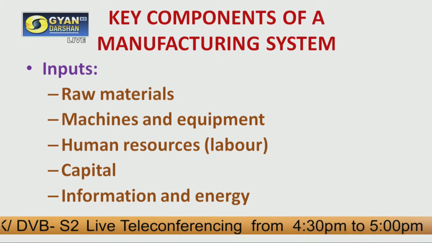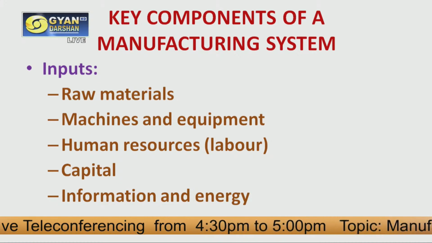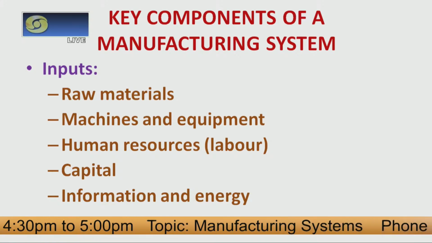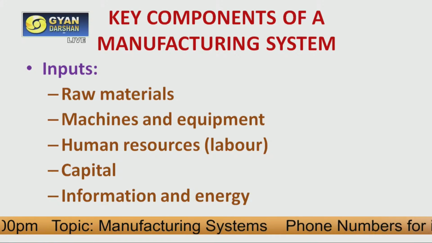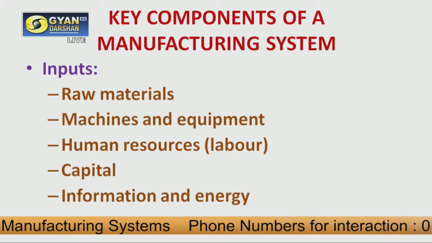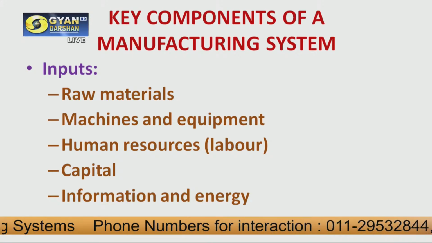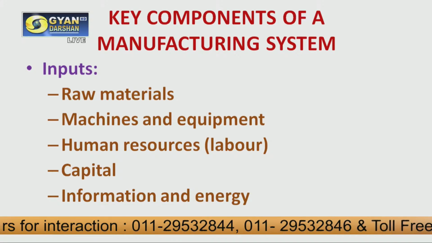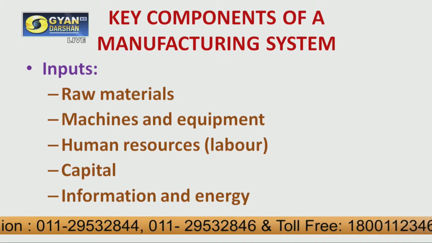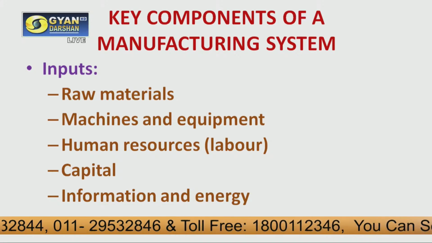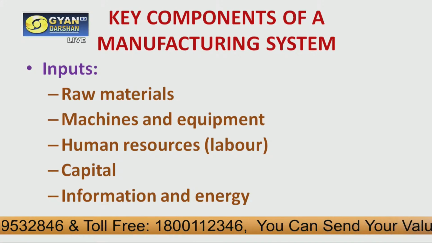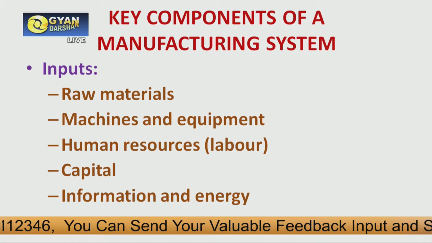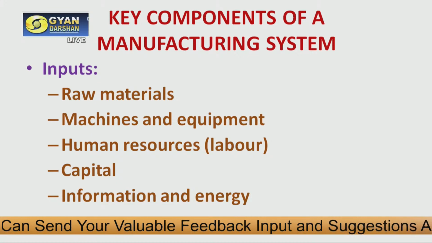Raw material means, if I am taking the example of a bakery, the flour or any other ingredient which we are going to mix in making the bakery item or the cake, that is called the raw material. Then machine and equipment: there are various types of machines which are used, like pressing machines or cutting machines. They all come under machines and equipment.